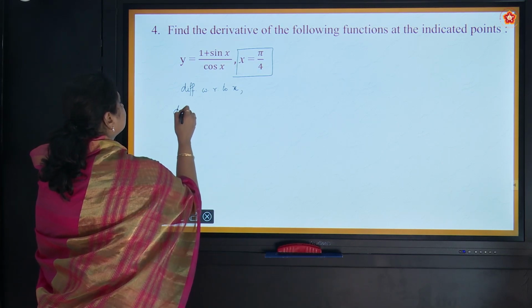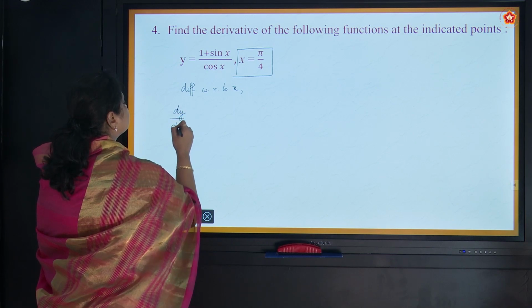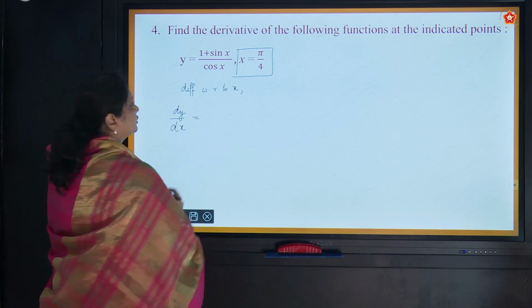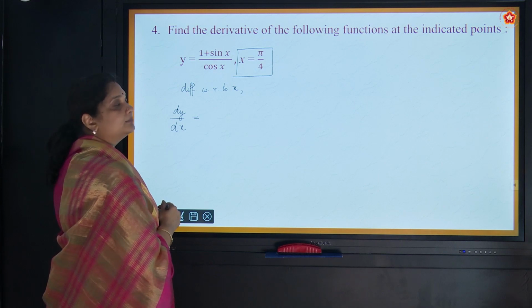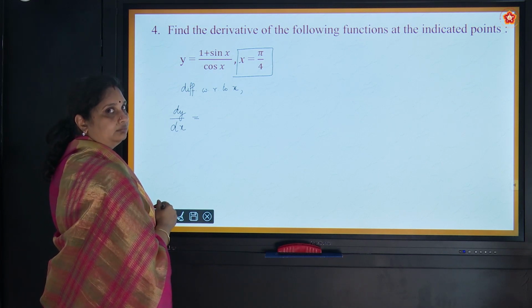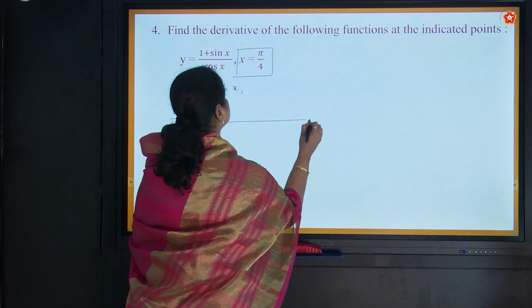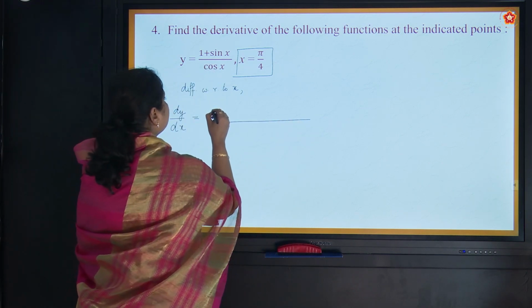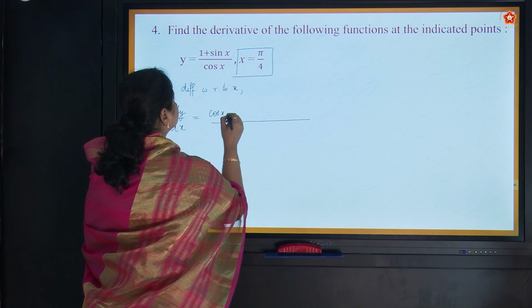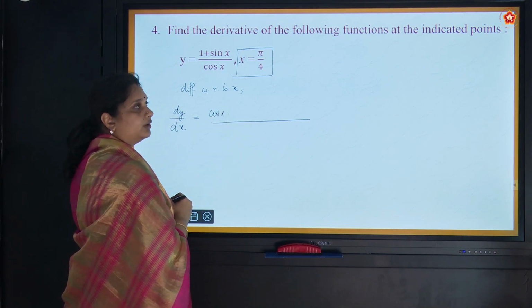So what do we get? Differentiating y gives us dy by dx is equal to. Now looking at the question, we know that it is of the form u by v. There's a function on the numerator and one on the denominator. So we'll use the quotient rule, keeping the denominator unaltered, differentiating the numerator.